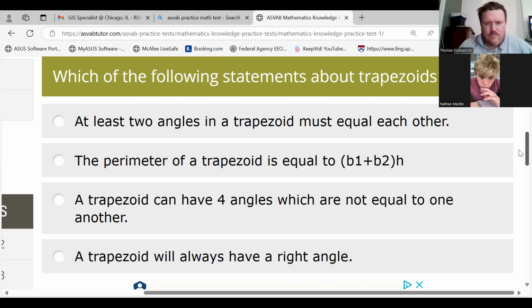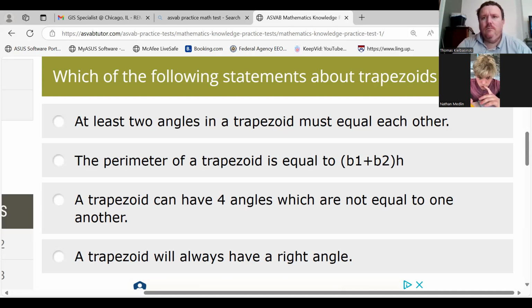Which of the following statements about trapezoids is true? At least two angles in the trapezoid must equal each other. The perimeter of a trapezoid is equal to B. A trapezoid can have four angles which are not equal to one another.